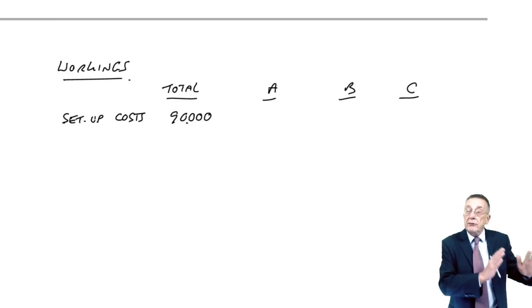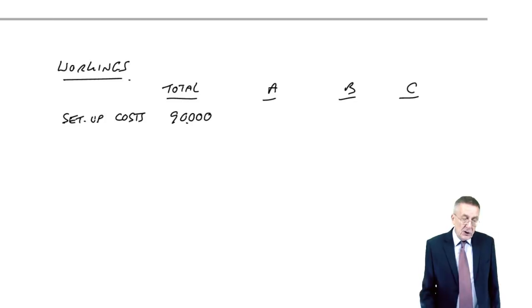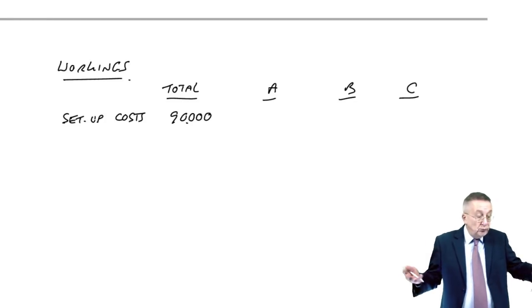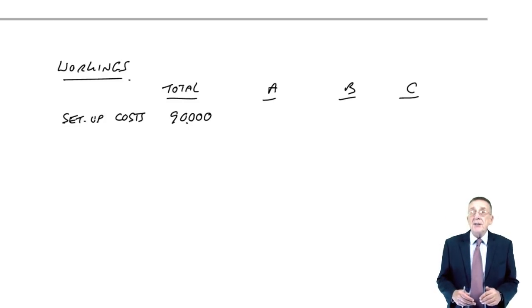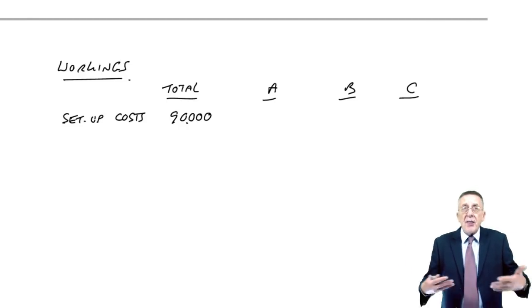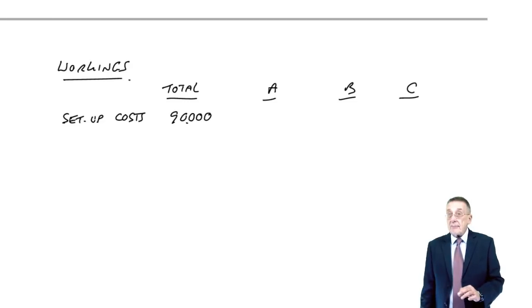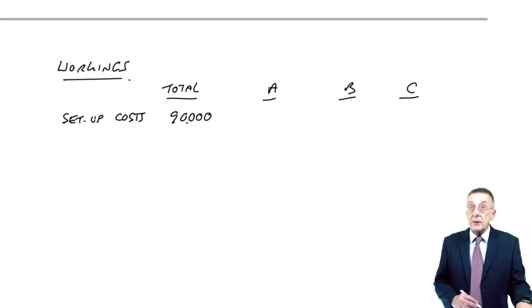But every time we change to a different product, we need to set up the machines. Well, maybe we employ 2 or 3 men whose job it is to set up the machines. Maybe they have an office. And all of this is costing money. Their wages, the cost of their office. But in total, all the costs involved with setting up the machines, which is an overhead, is 90,000.